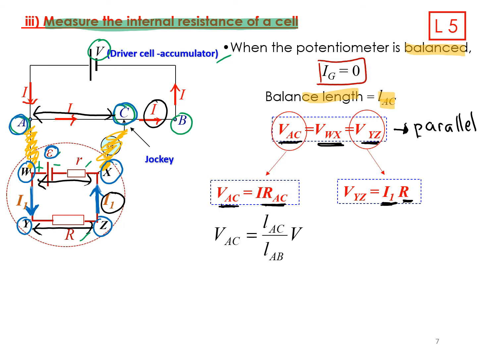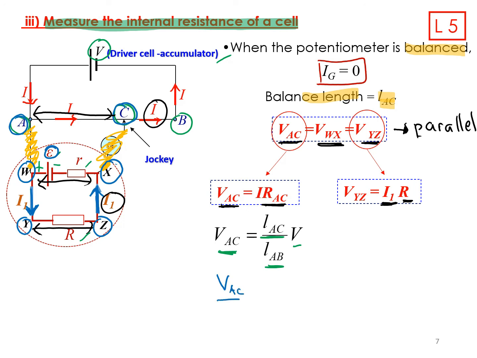Based on all the basic concept, your VAC is equal to the balance length LAC over the whole length LAB multiplied with the total voltage. If you can see from this equation, it is similar to a potential divider.